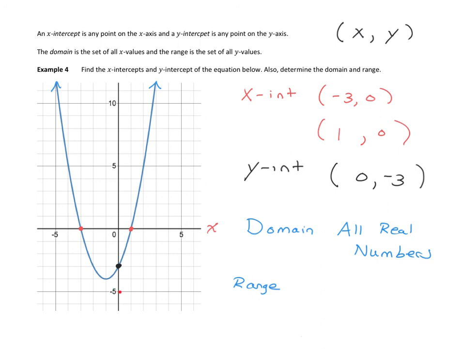Like, for example, here at -5, -5 is not in the range of this equation because if you look to the right and you look to the left, there's no points that it corresponds to. At 5, there were 2. But here at -5, there's nothing. Same thing is true for -6. You look to the right and left, the graph isn't there.